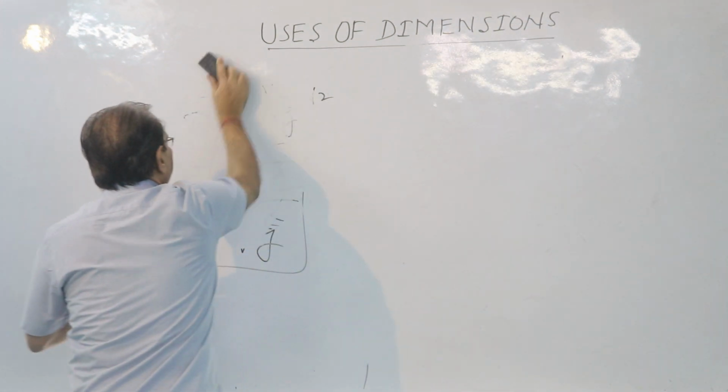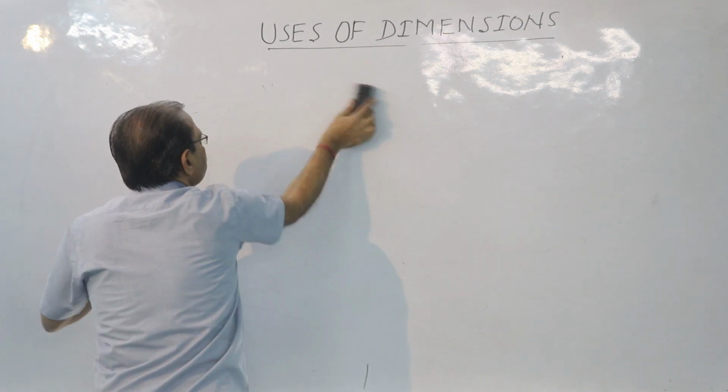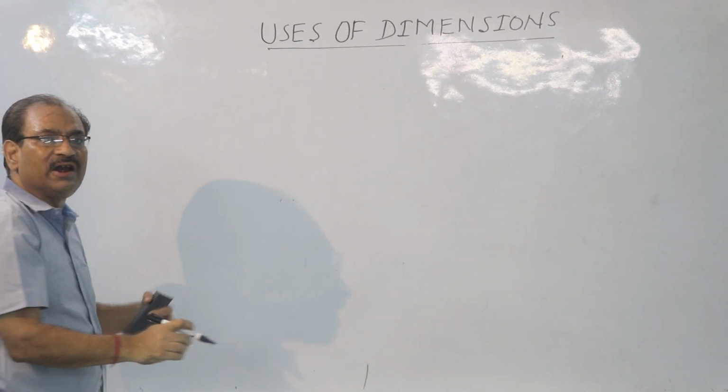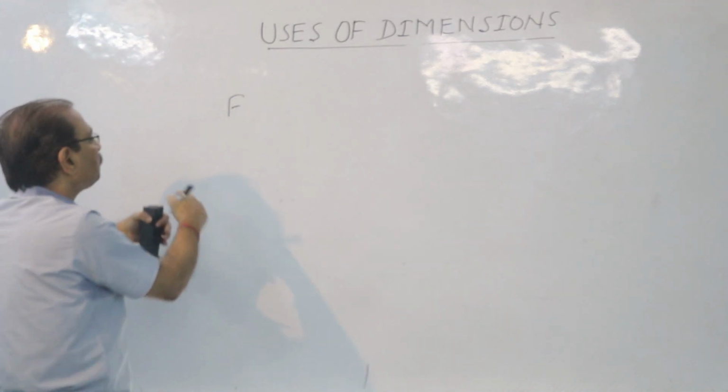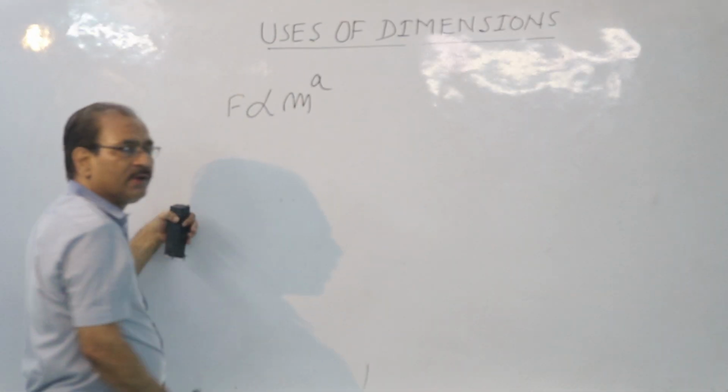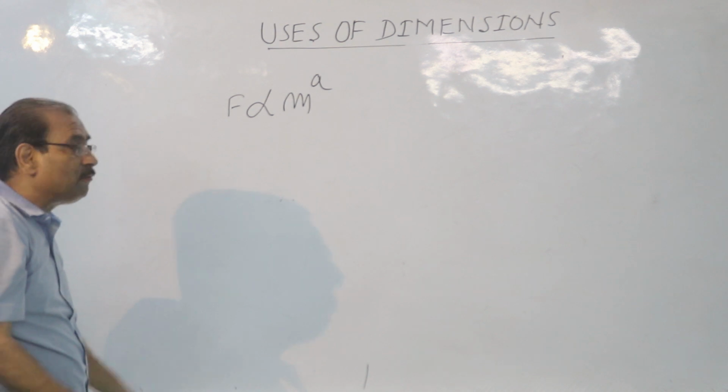Children, another example was the example of centripetal force. We are given that the centripetal force depends upon three things. Number one, it depends upon the mass of the body. Let it be m power a. It depends upon the velocity, F proportional to v power b.